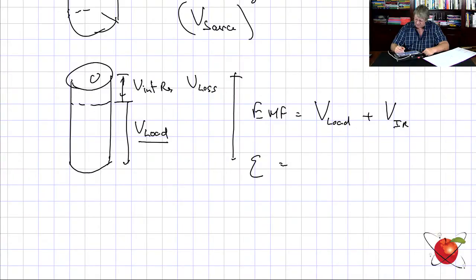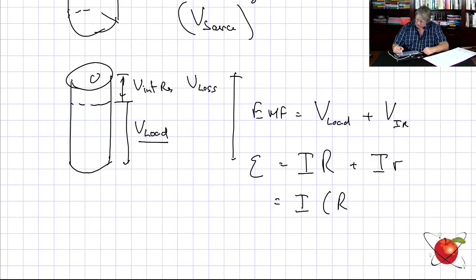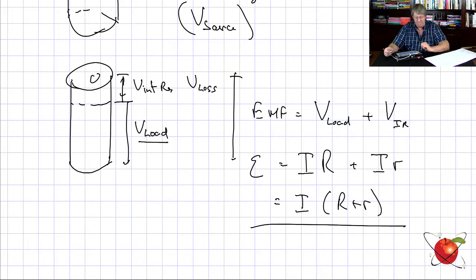So we end up with a formula. What is V load? It's IR, isn't it? What is V internal resistance? It's I times little r, the internal resistance. So EMF is equal to I times (R plus little r), which is the formula that you're going to see.